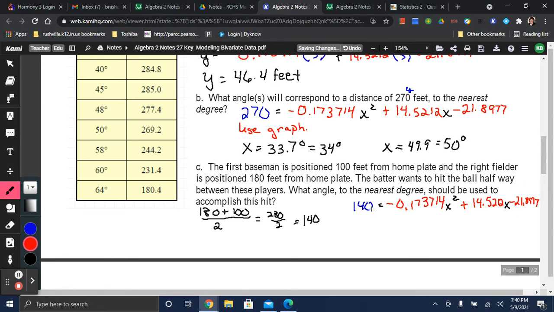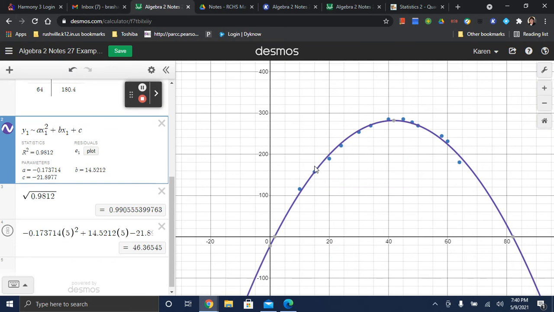All right, so I would prefer to go ahead and use the graph. So we're looking for 140 for the y value. I'm going to use my scale here, and I actually hit pretty close right at the beginning. So 140.506, and I don't think I can get any closer than that.